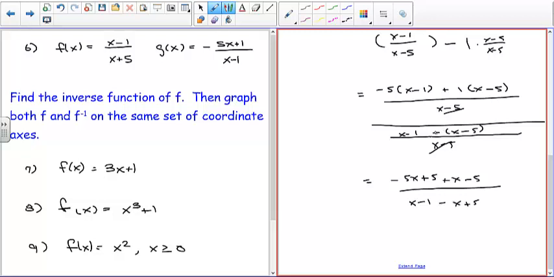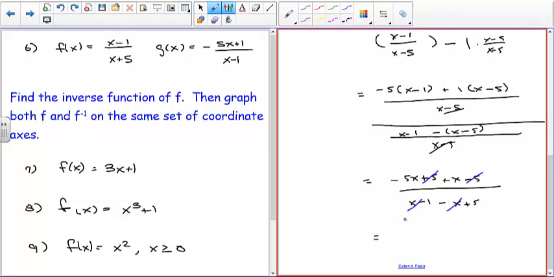So this negative makes that minus, this negative makes that plus. And you can see that this cancels out. Well, no, that's not true. It's the other one. This cancels out with that, and this cancels out with that.